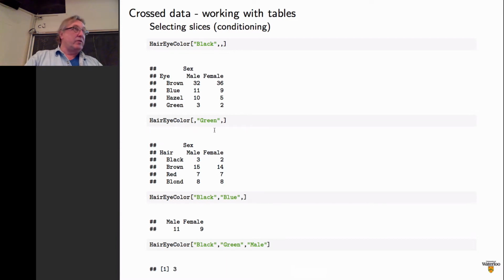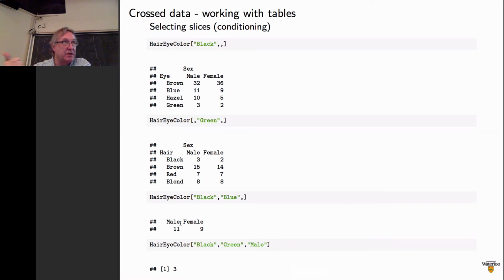Similarly, those with green eye color, taking off that slice, so I'll have the slice that's got hair by sex. And if I take two of these at once, I'm looking at the intersection of these things, so I'm conditioning on those people that have black hair and blue eyes.